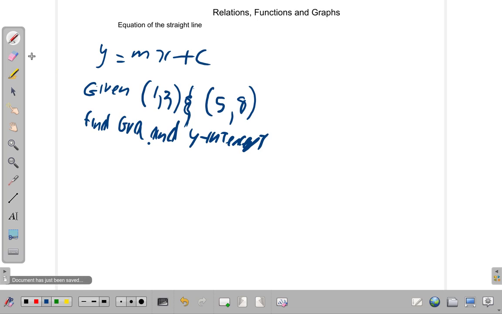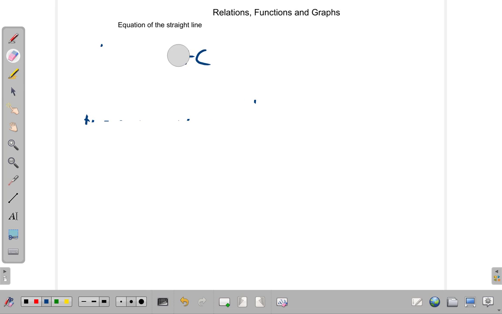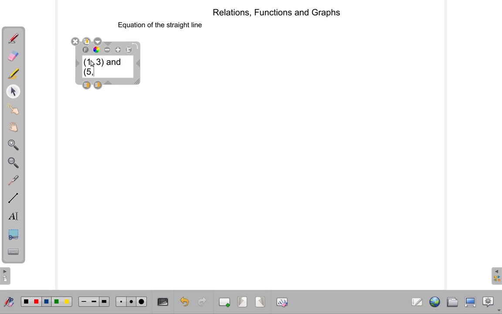Let me make my writing a bit smaller because we're going to need space. We have (1, 3) and (5, 8). I don't want to forget it. So we have (1, 3) as one coordinate, and we have (5, 8) as the other pair of coordinates.